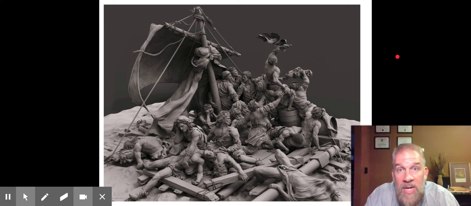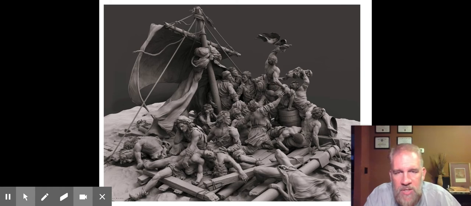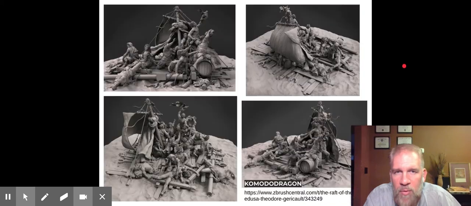These are three-dimensional renders done by a guy, I couldn't find his real name, a guy named Komodo Dragon, from a ZBrush site. But what he did is he took that painting and made a three-dimensional render of it. So when you look at it, you can see different three-dimensional views of what Géricault painted here.